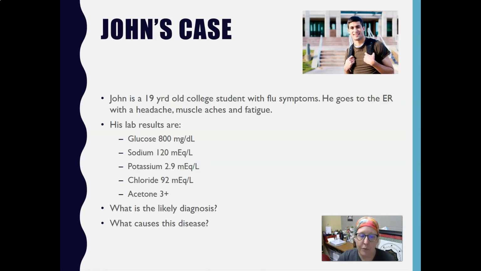And the acetone here is 3+. This is the one key indication that this would be type 1 diabetes. So acetone is the same as ketone. Ketones are an indicator that because he cannot burn glucose as fuel, he's burning fat as fuel.